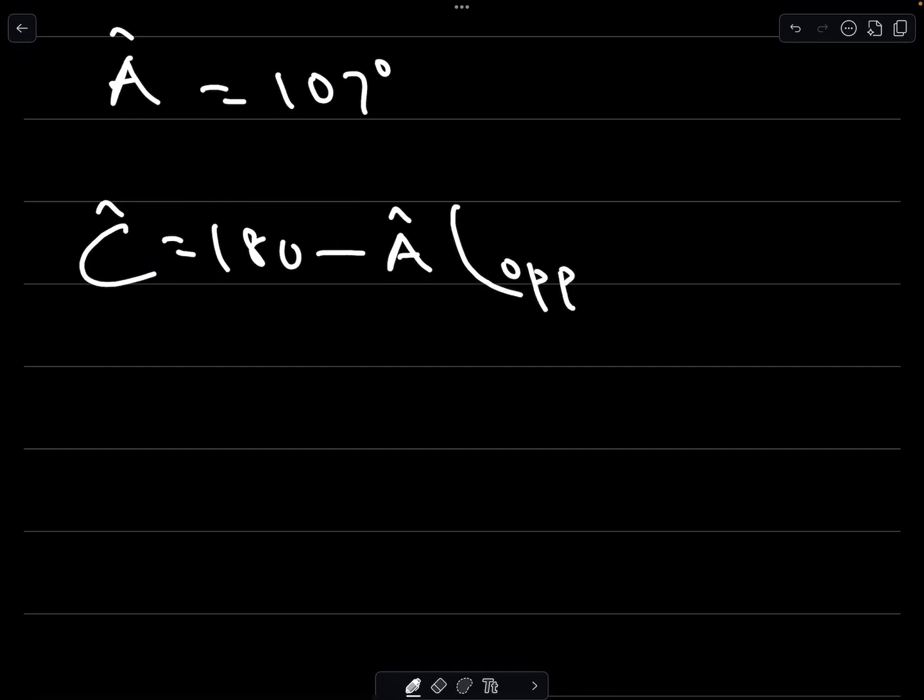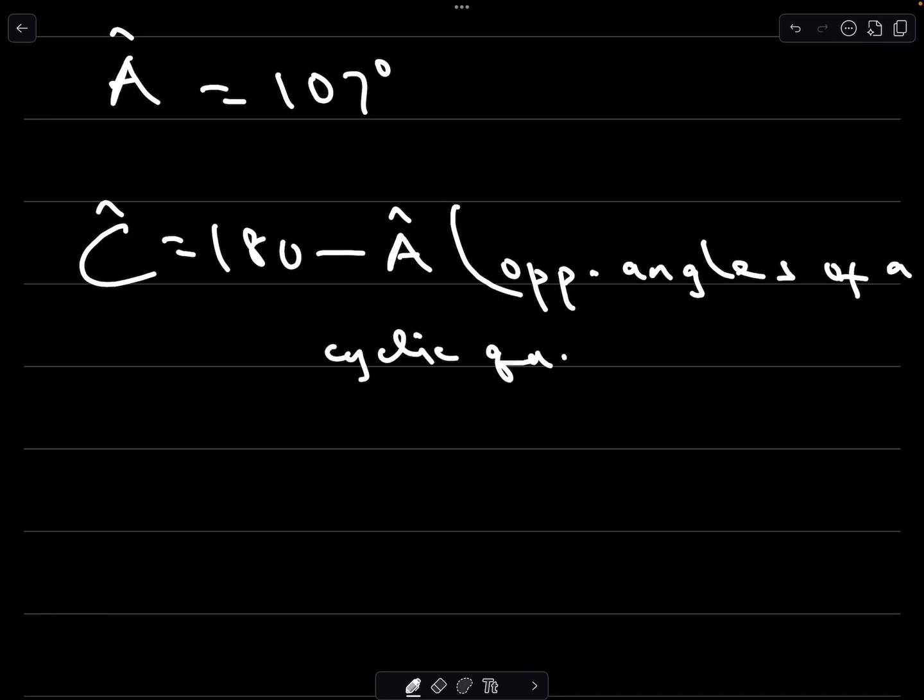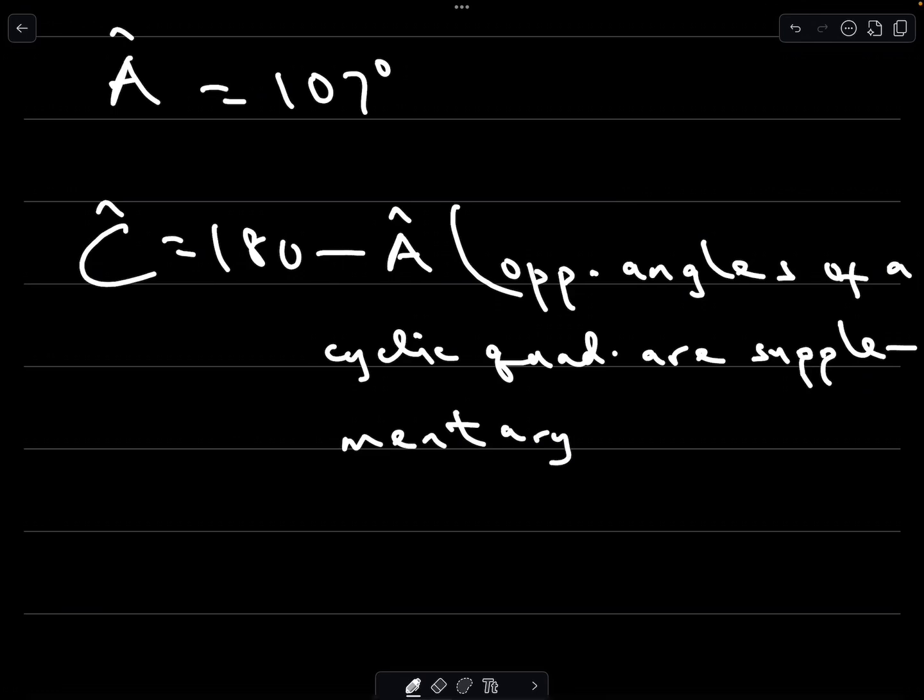And the reason for that is opposite angles of a cyclic quadrilateral are supplementary.